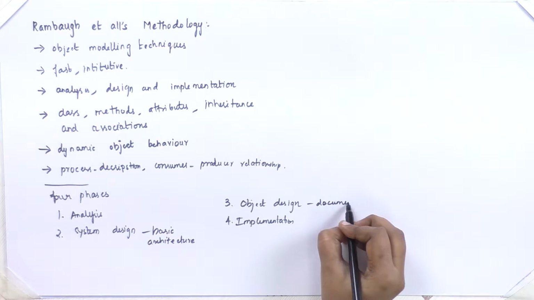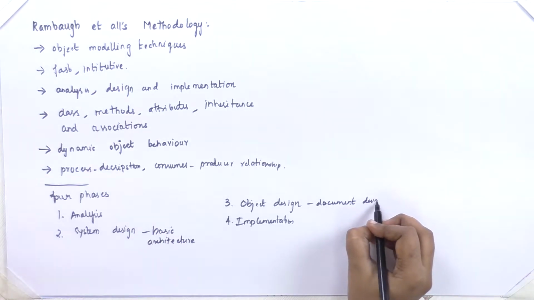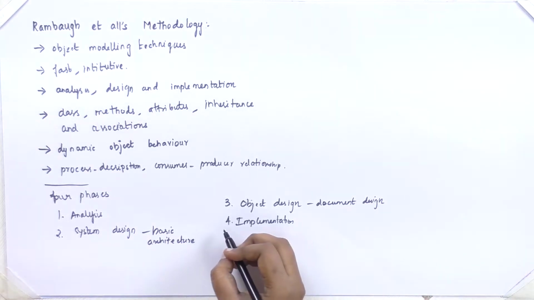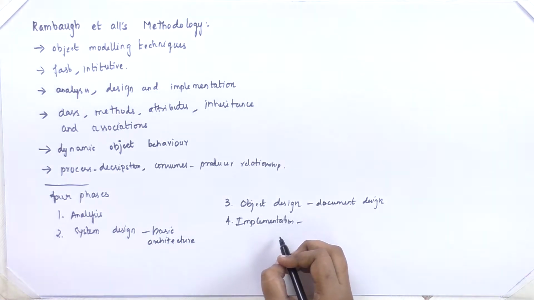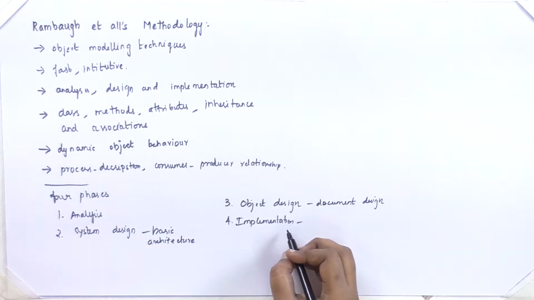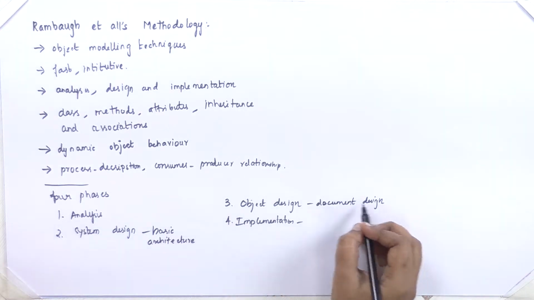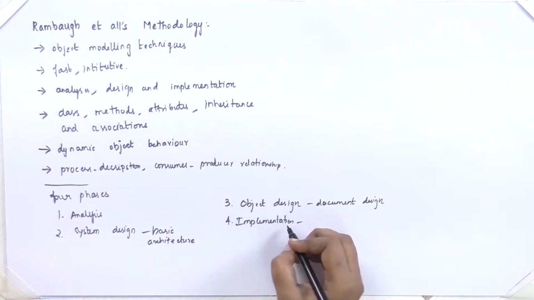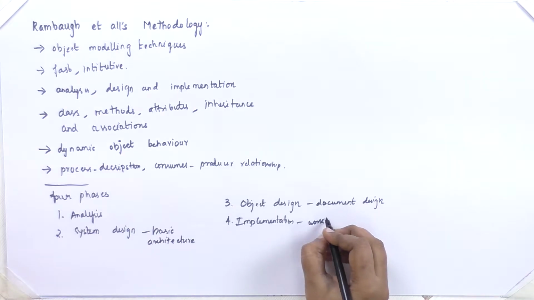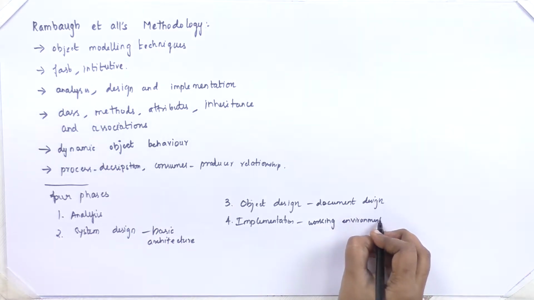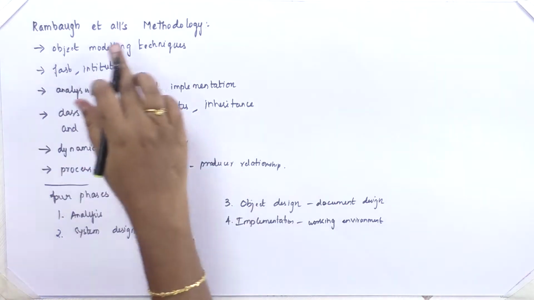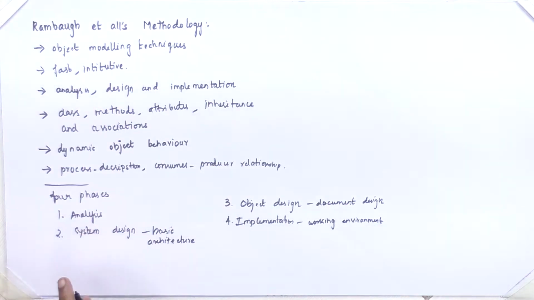Then in the implementation phase, you will be providing the reusable code so that the designed part of the software gets implemented in a working environment. So we have analysis phase, system design phase, object design phase, and implementation phase.